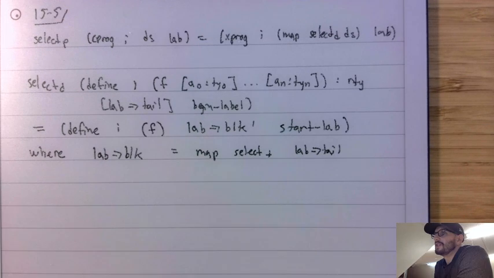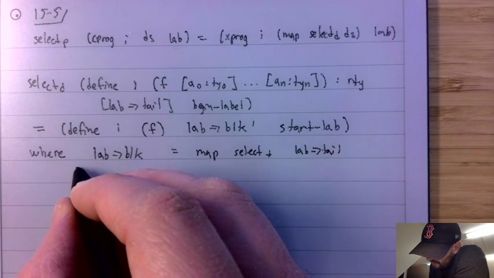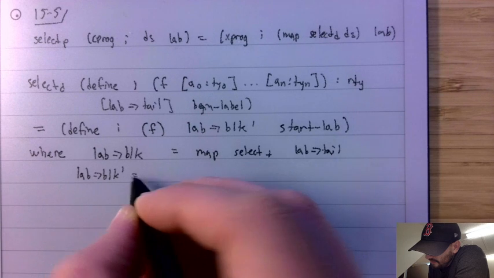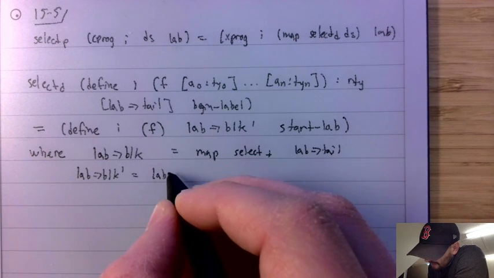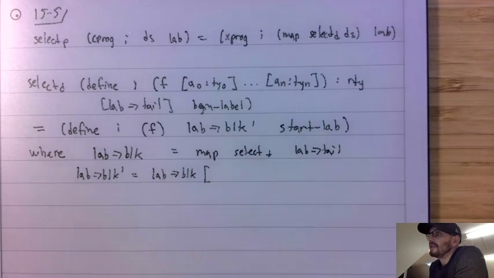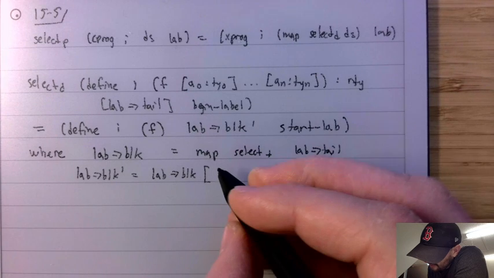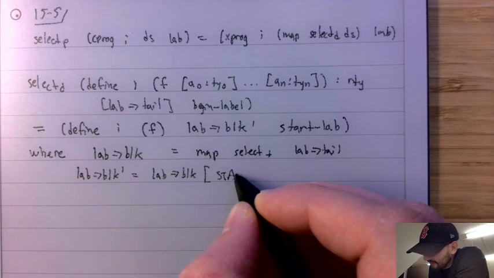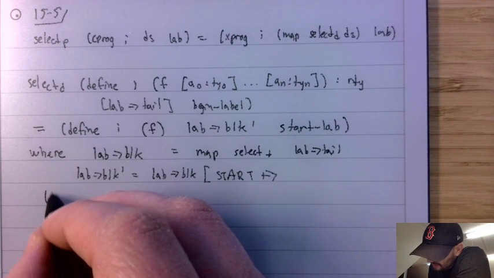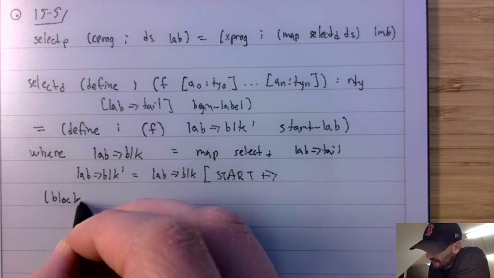Then we're going to create a new label to block prime. We're going to take the label to block mapping and add a new label, and we'll call this one start or begin or something like that. It's going to be a block that's going to do the following.